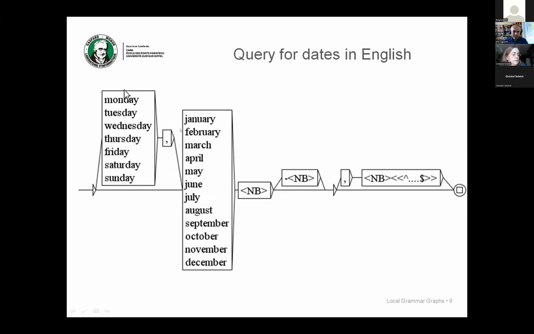So here, dates with the month, which is mandatory in this query. The only mandatory element is the month and the number, which will be the number of the day. The name of the day is optional, and then this will be the number of the year.